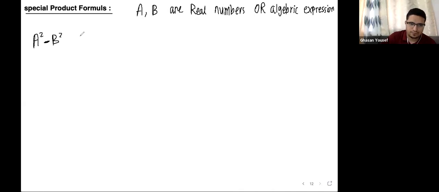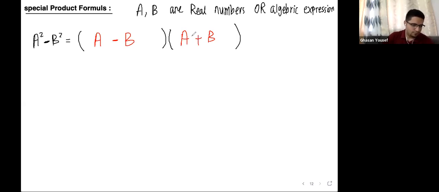This is equal to, open two parentheses, the first one is a minus b, and the second one a plus b. So this is for the special product formulas.